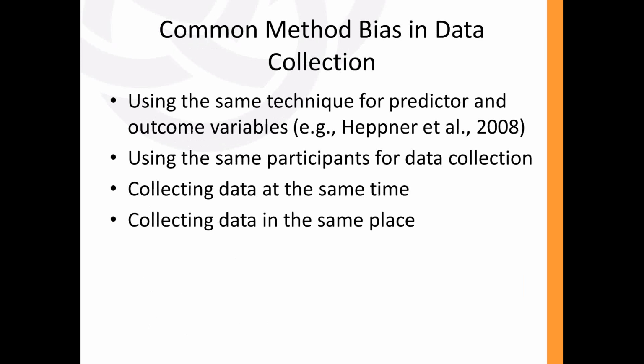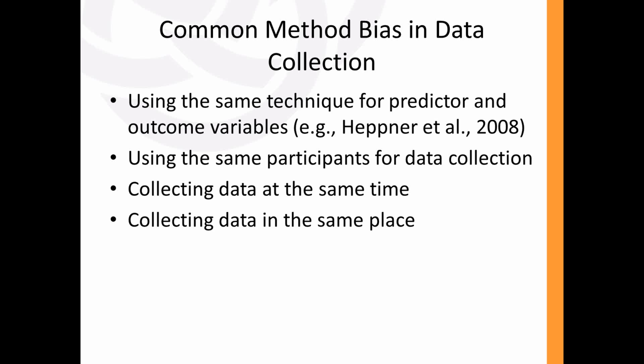Okay, so moving beyond what happens within a scale, we also have issues with what happens across scales that use the same types of methods. Essentially, this is called common method bias.